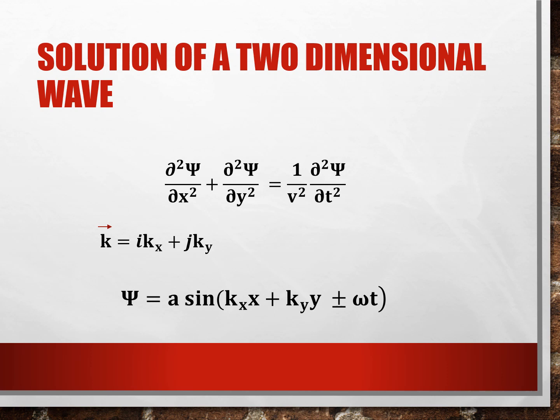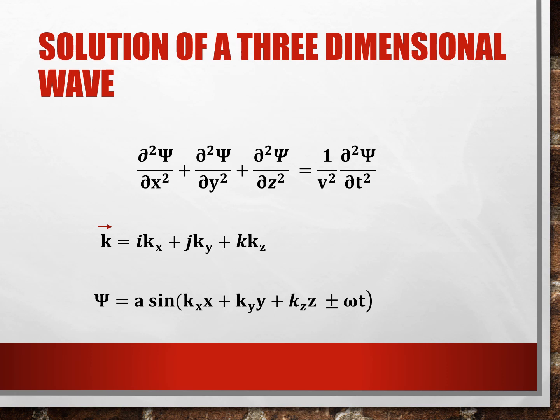When we come to the two-dimensional case, we can write the wave vector k as k is equal to i kx plus j ky, where i and j are unit vectors along the x and y directions. That is, wave vector k has components kx and ky along the x and y directions respectively. So, here the solution can be written as psi is equal to A sin(kx into x plus ky into y plus or minus omega t).